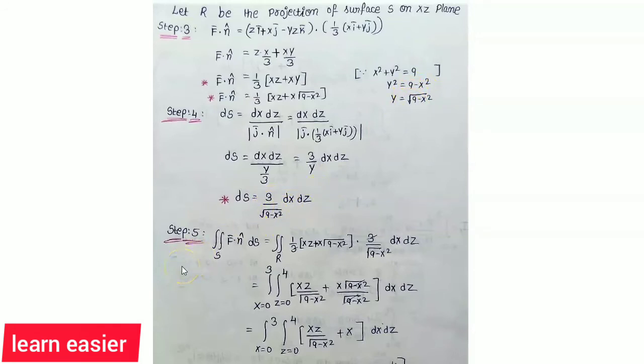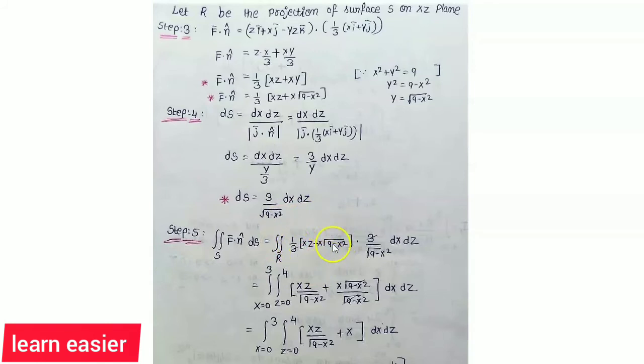Now step 5. Step 5 is the final step, and in this step we have to find the surface integral of the cylinder. So the surface integral of f bar dot n cap ds, since we are taking the projection of the surface on the xz plane, let that projection be R. So in this we have to integrate with respect to the projection of the surface. So f bar dot n cap is 1 by 3 xz plus x into square root of 9 minus x square.